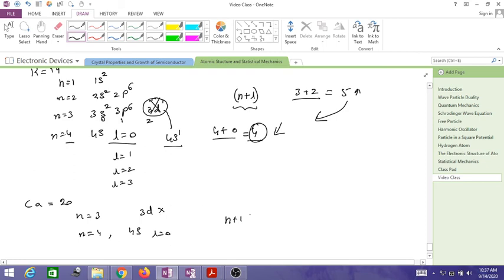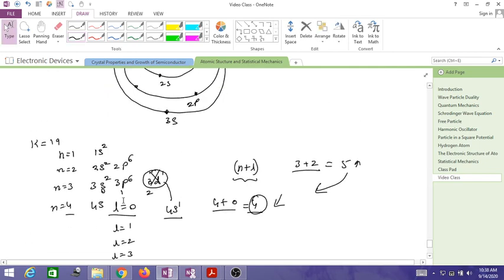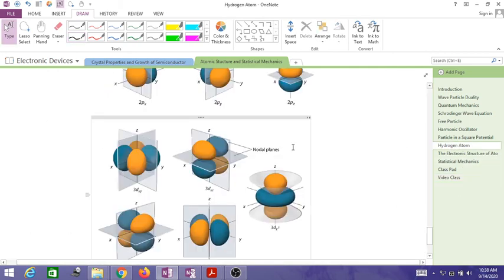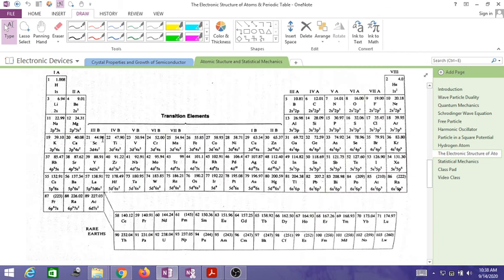Though both are equal to 5, in this case L is equal to 1, so it still takes the 4s orbit. Got it? That is why after that, if you look into the other distributions, when it comes to 21, it goes to 3d and then it goes to 4s.